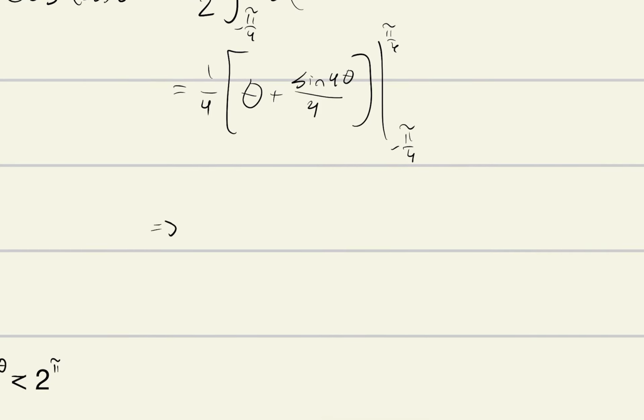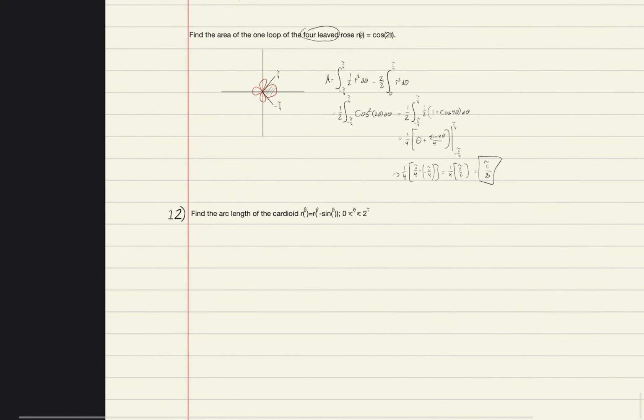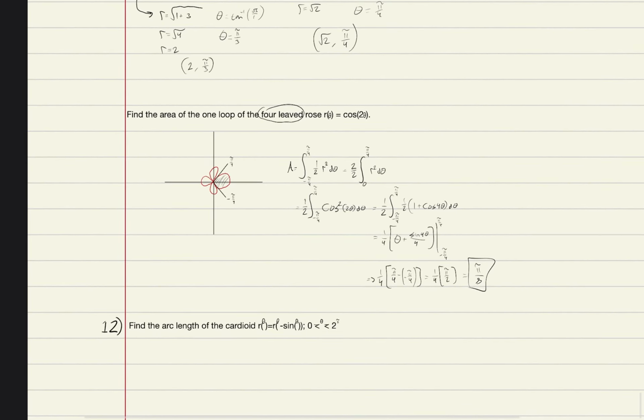And if we evaluate this, we would get 1/4 times pi over 4 minus negative pi over 4, which would be equal to 1/4 times pi over 2, which is equal to pi over 8. And that would be the area of one loop of the four-leaved rose of cosine 2 theta.